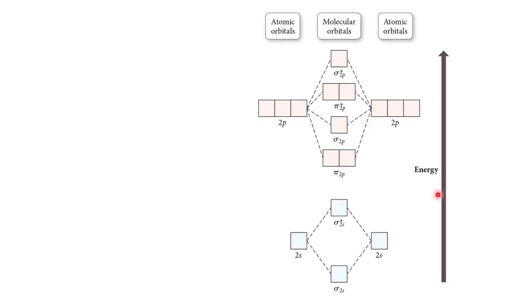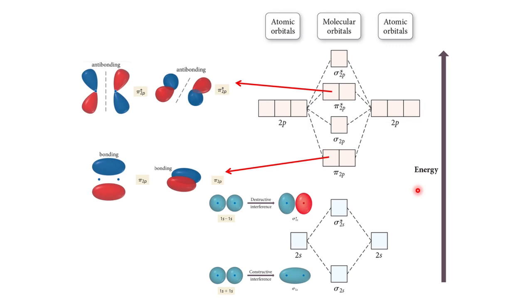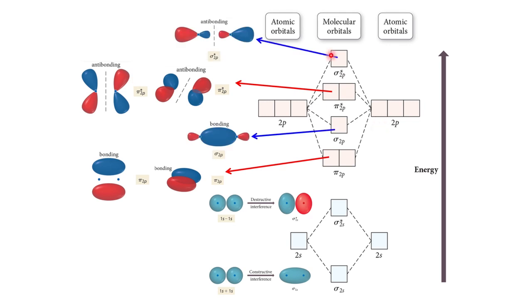So let's look at what happens when we start adding more electrons. So with our 1s, we have this constructive interference and destructive interference. With our pi orbitals, these are where our p orbitals come into play. And they look really different, okay?